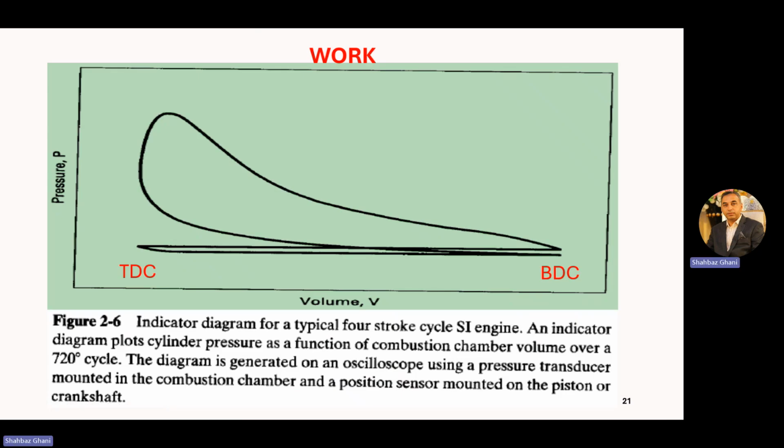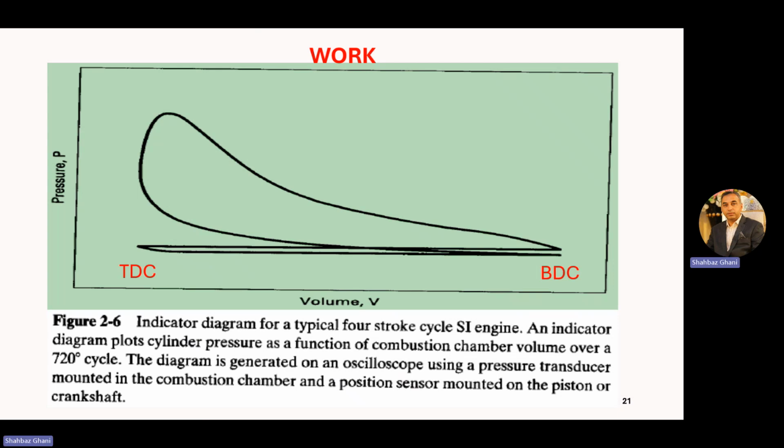Now, this is the simplest indicator diagram for a typical 4-stroke cycle SI engine. An indicator diagram plots cylinder pressure as a function of combustion chamber volume over 720-degree cycles, because one complete cycle takes 360 plus 360.